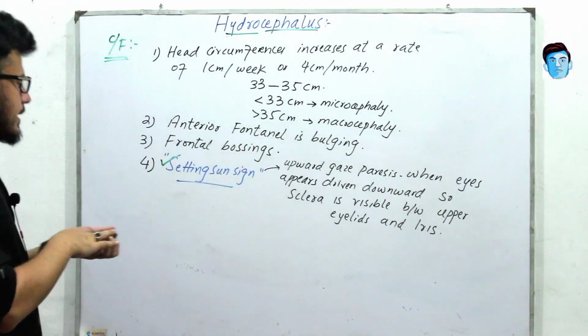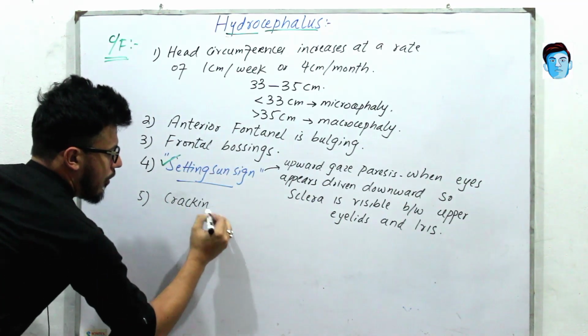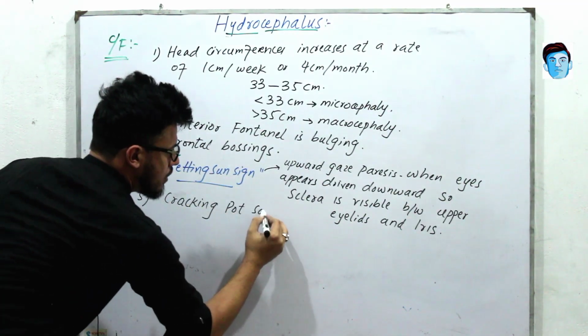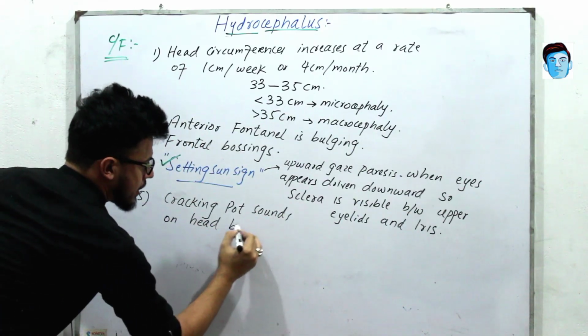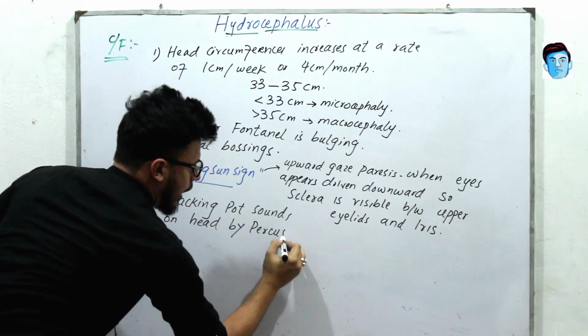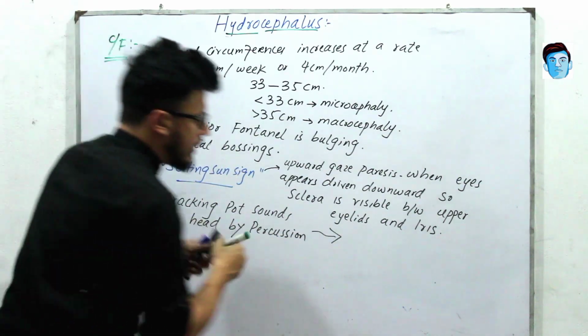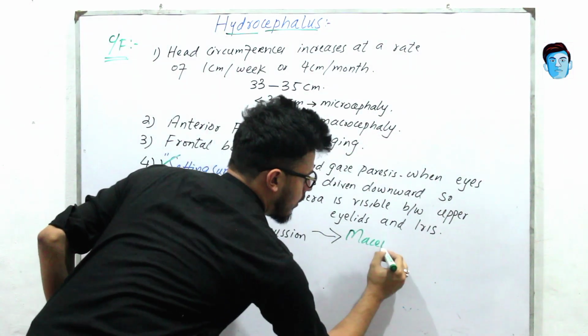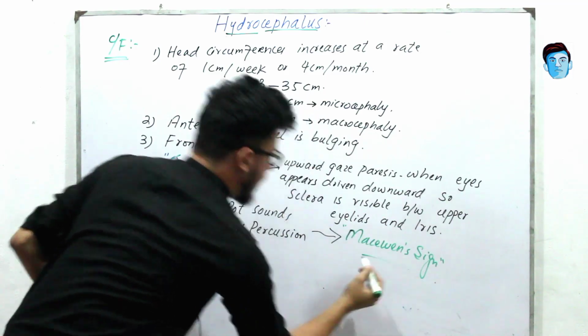So it is important. Secondly, there is cracked pot sound, a cracked pot sound on the head by percussion, and that is called Macewen sign. So what is Macewen sign?